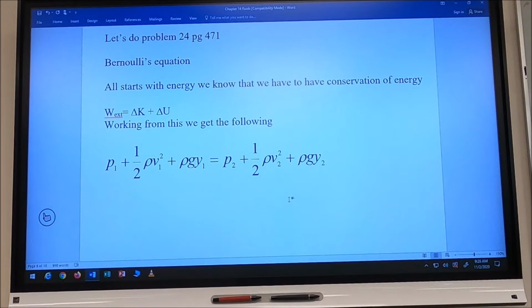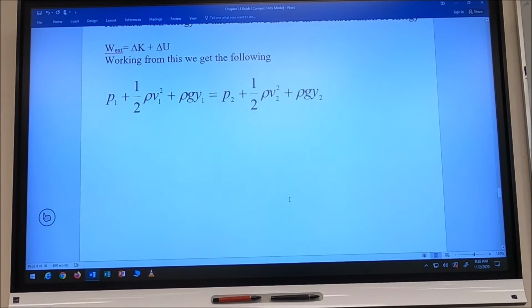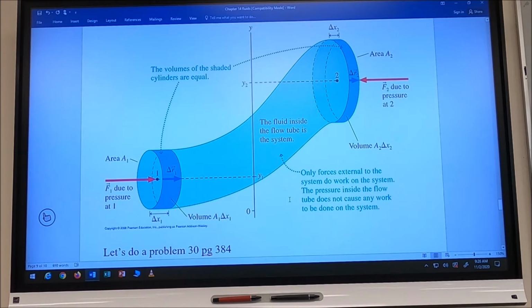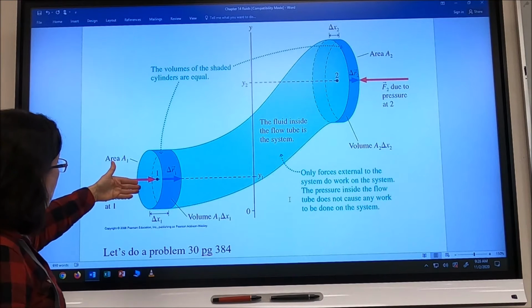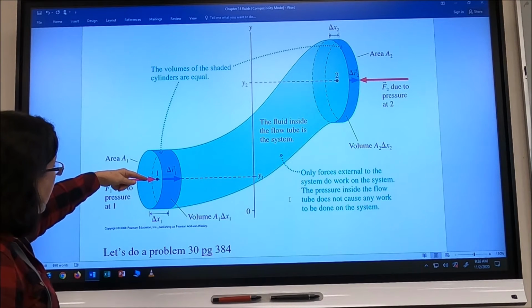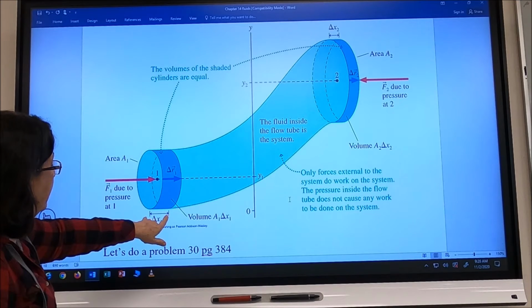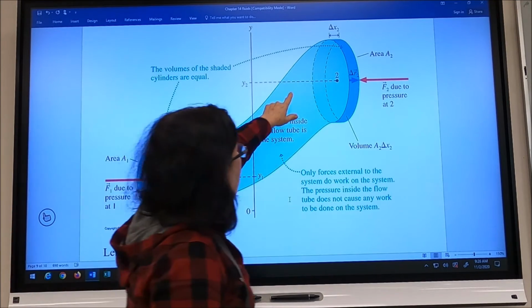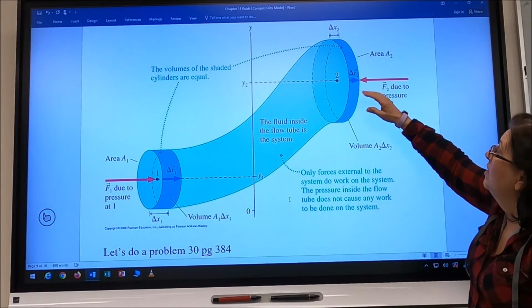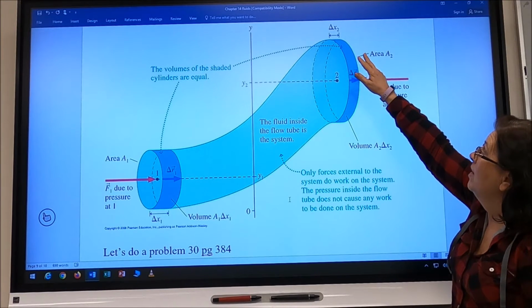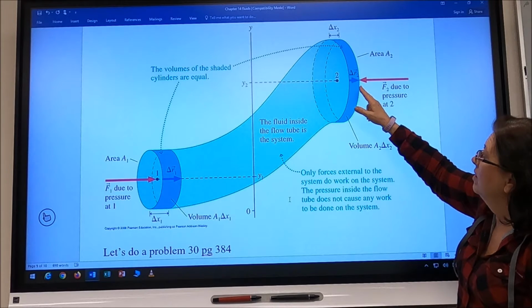Now, let's look at a picture. Okay? So here we've got force due to pressure at point 1. We've got an area at point 1, and it moves a distance delta X. If it moves up here to a position 2 that's at a new height, we're going to have an area here and a delta X2, okay?